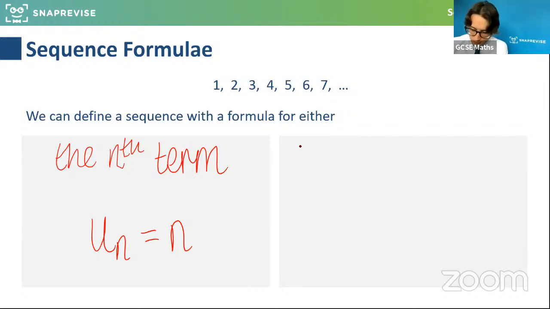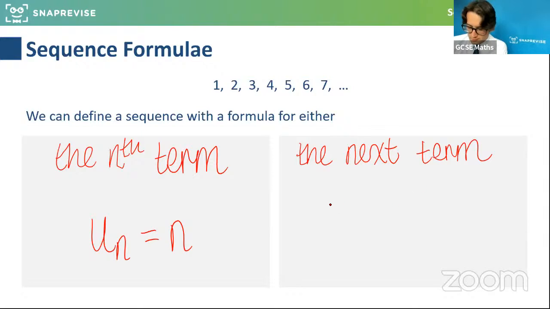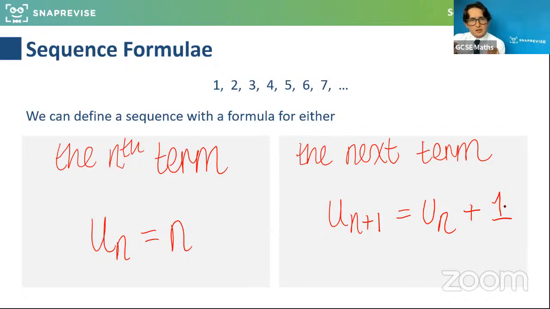And then sometimes we can define a sequence in a term-to-term approach. The next term, U_(n+1), is found by taking the term we're on and adding 1 to it. Although the different types of notation here are very close together and seem very similar, these subtleties can really throw people off.